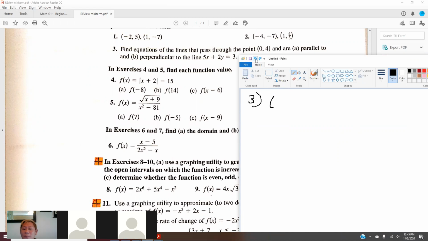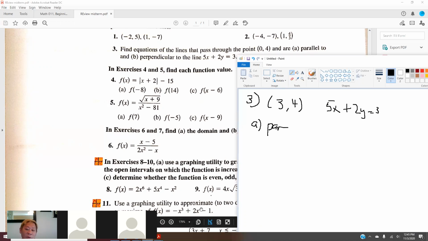Let's not use 0.4, make it more difficult. 3.4, make it more tough. And part A, you have to find the parallel, and then we do the perpendicular to this equation of 5x plus 2y equals 3. So does anyone here know how to do this question 3?